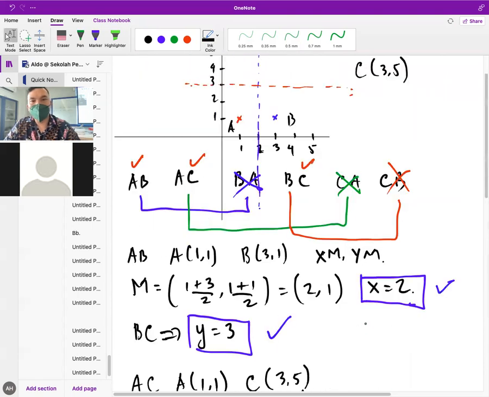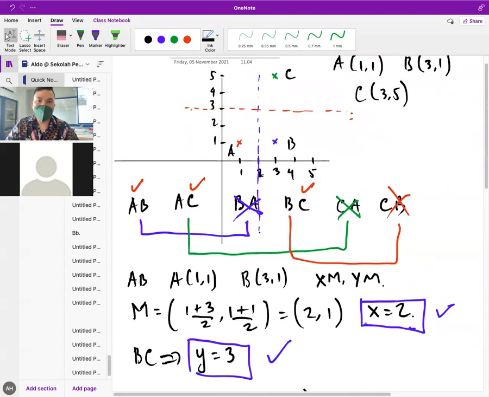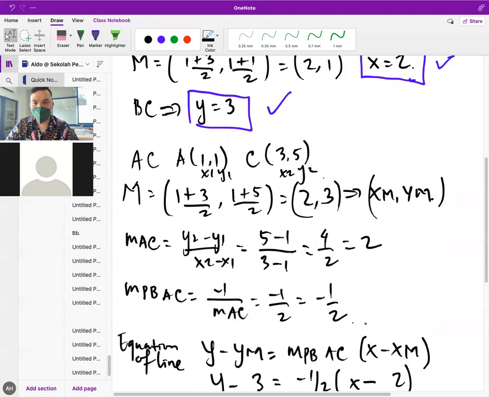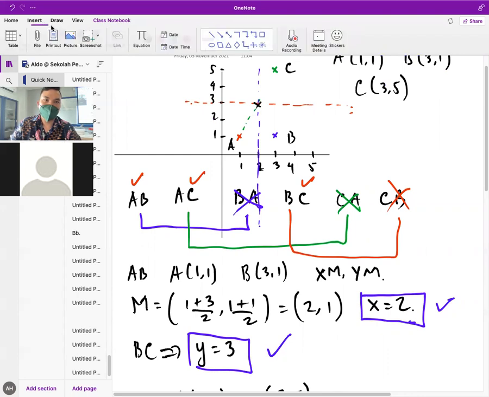Okay, the midpoint is 2, 3, which is exactly here. So we can say that it will be more or less this one here. Okay, we need to draw.